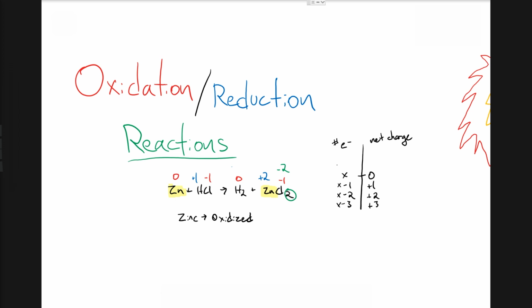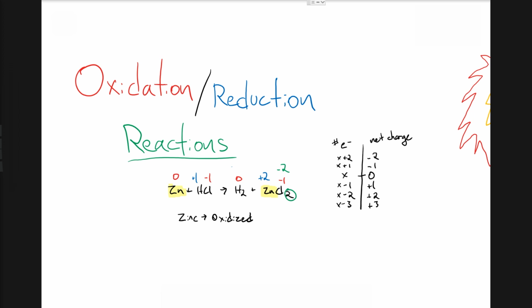But if you begin to gain electrons, X +1, X +2, you're now increasing the amount of negativity that you have. But again, your protons are not changing. If you're an atom and you have a set number of protons, those protons don't change. The only thing that's changing is your number of electrons. So as you gain electrons, you're also gaining more net negative charge. So as your number of electrons go up, your net charge goes down.